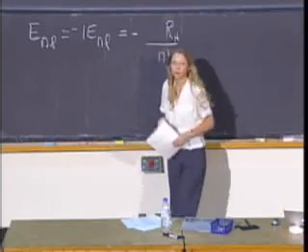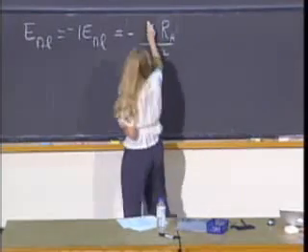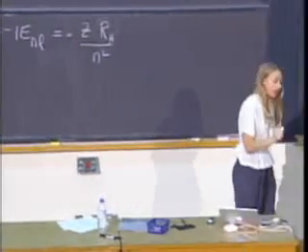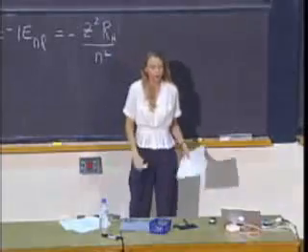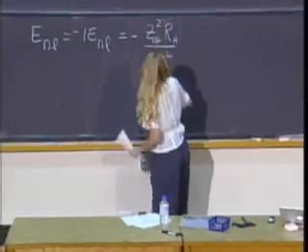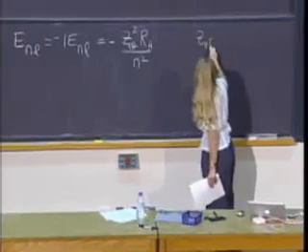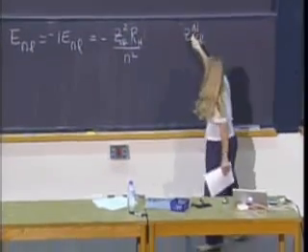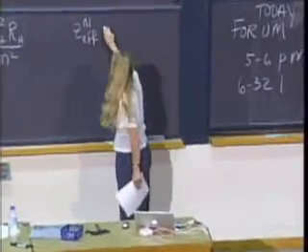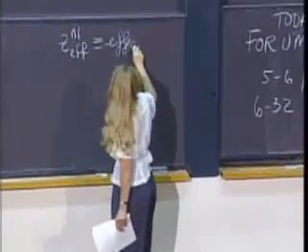But out here, I'm going to put a Z, but this Z is not going to be the charge on the nucleus, but rather something called the effective charge, Z eff, and it's going to depend on both n and l quantum numbers. This I'm calling the effective charge.